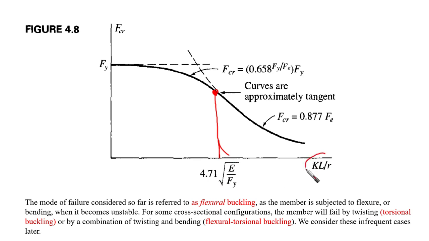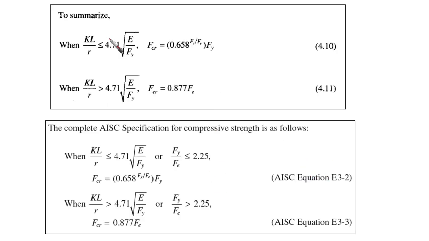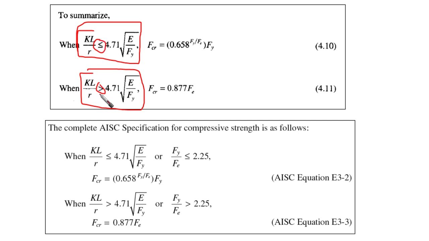This is the KL over r limit, the slenderness ratio limit. So we have KL over r smaller than or equal to the limit here, and KL over r larger than the limit here.